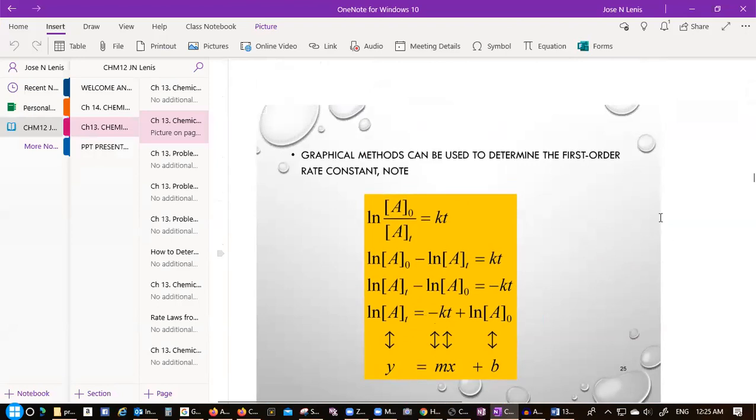The relationship is, when we integrate, using derivatives and integrating, we found that the natural log of the concentration of A at time 0 over the concentration of A at time t equals kt, where k is the rate constant, times time.